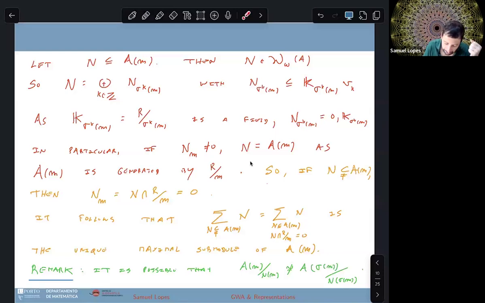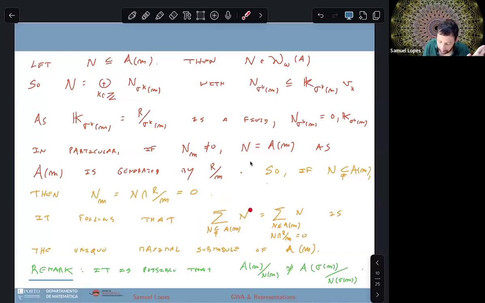I'm going to go a little bit more slowly with this argument, because if you've seen it once, you know it very well. If you haven't seen it, maybe not so much. If you think that you have an object that has a unique maximal submodule, then you know what it looks like.